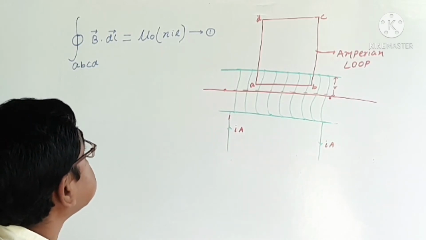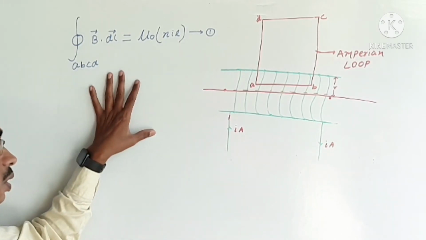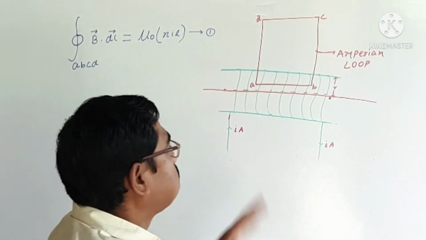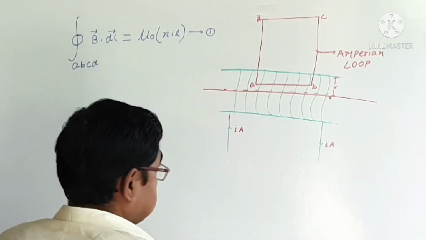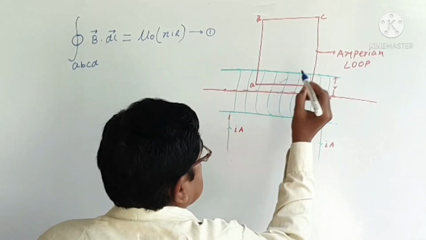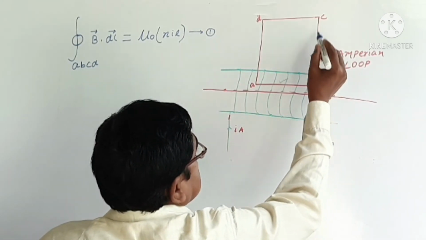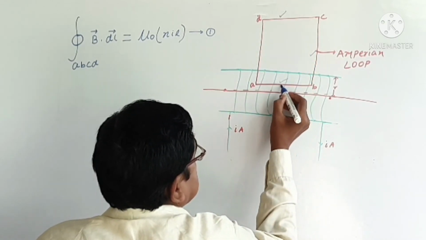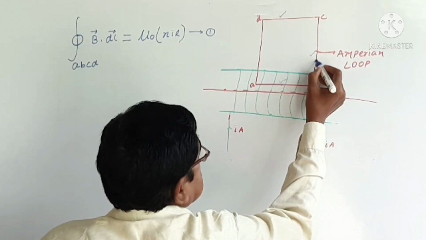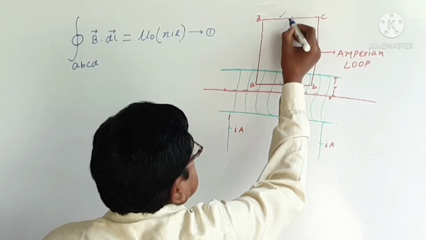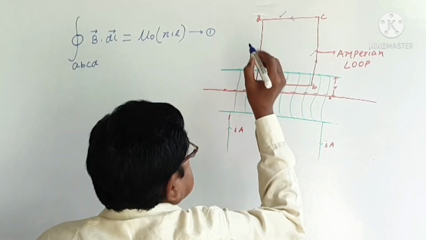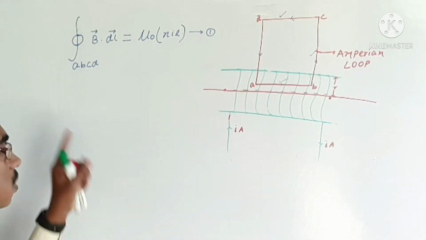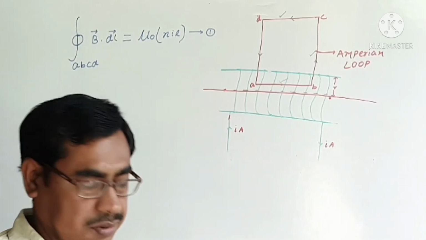Now, here we see the total path of this loop: A to B, B to C, C to D and D to A. Then we split it into 4 parts.